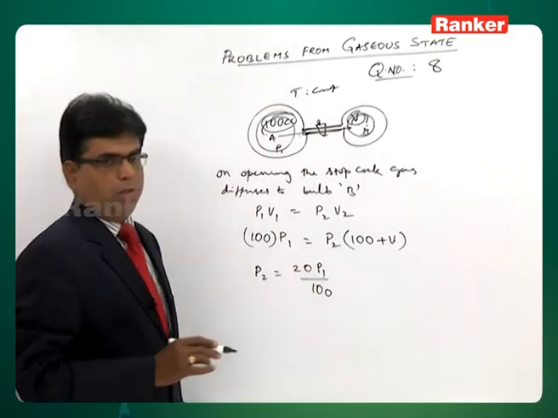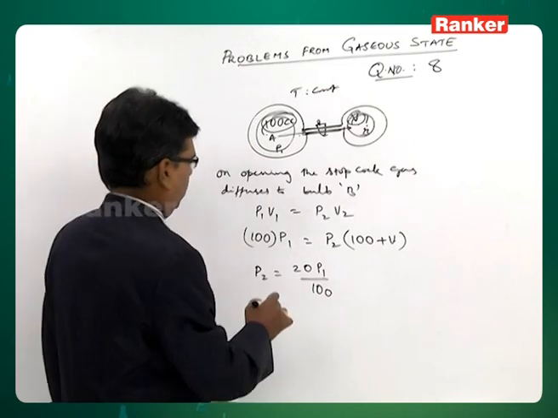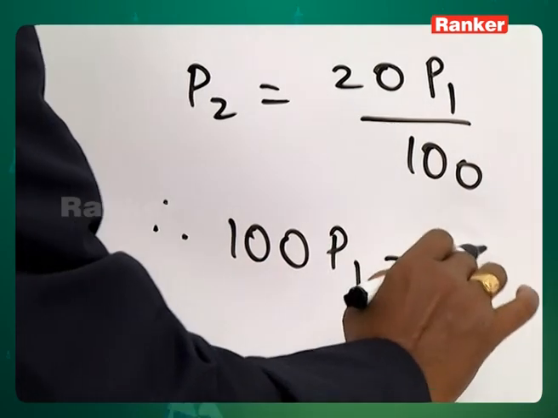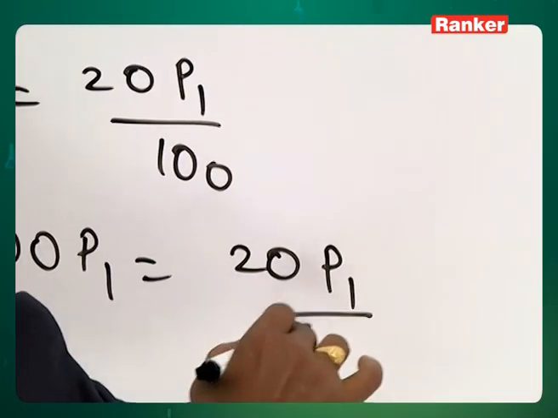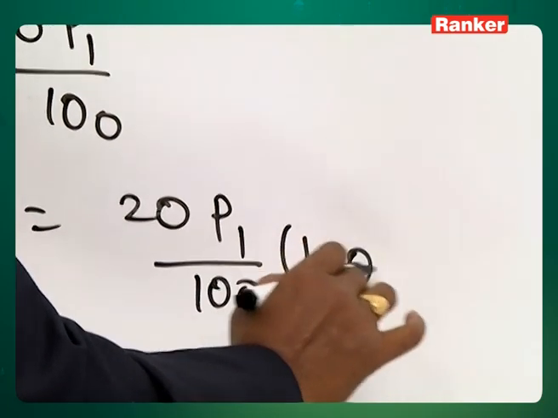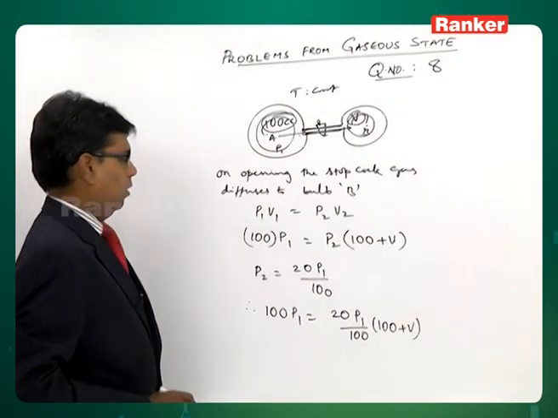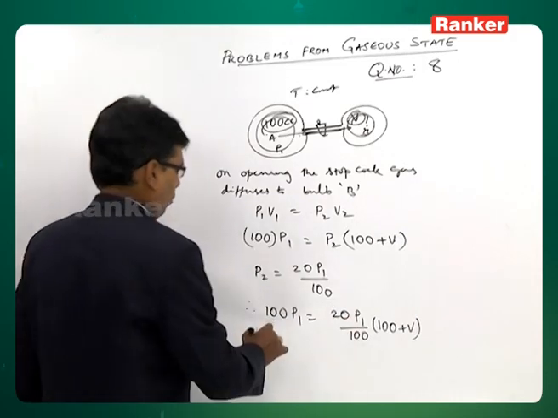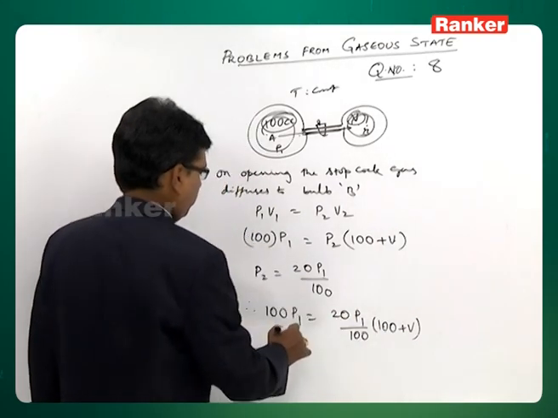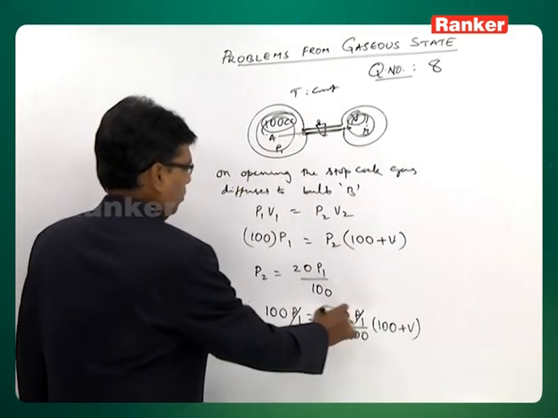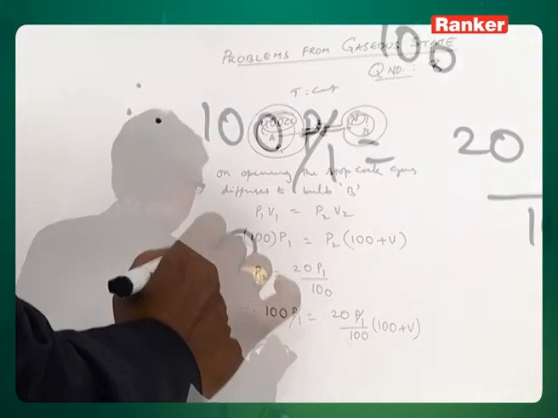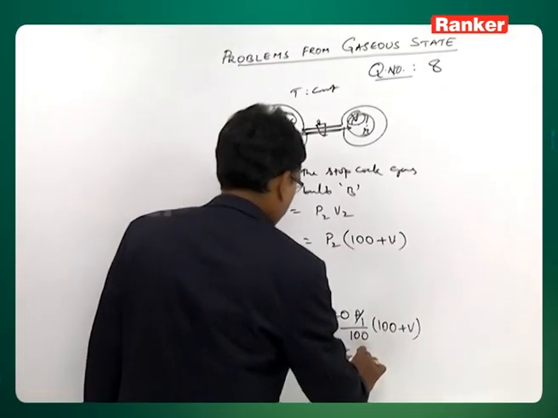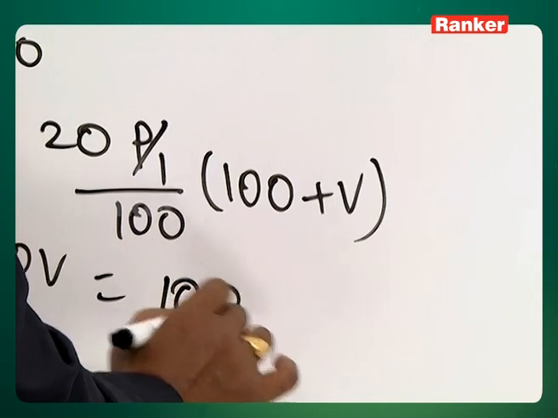Therefore, 100 into P1 is equal to 20 P1 by 100 into 100 plus V. Calculating this, 20 into 100 plus 20 V is equal to 100 into 100, that is 10,000.